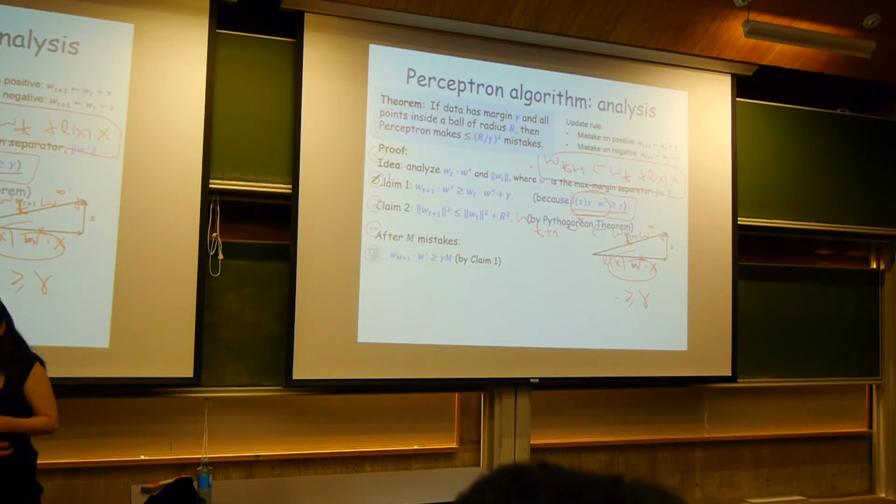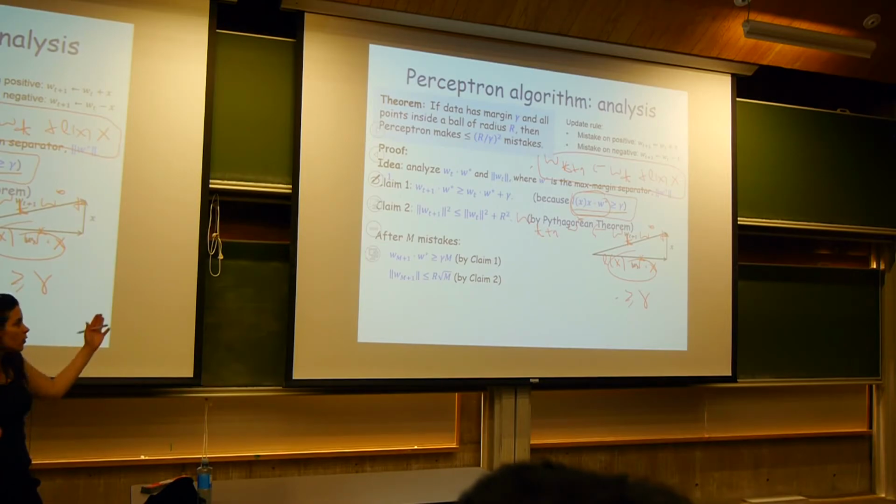So I add gamma to my dot product each time, and after m mistakes that's at least gamma times m by claim 1. I also know that, as a consequence of the second claim, the length of the current guess for the target, the length of w_{m+1}, cannot be too large. It's only upper bounded by r times square root of m. That's a consequence of claim 2 and a little bit of manipulation.